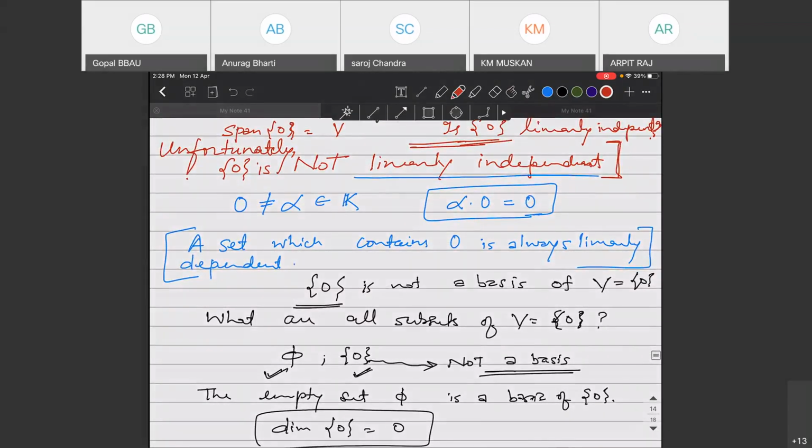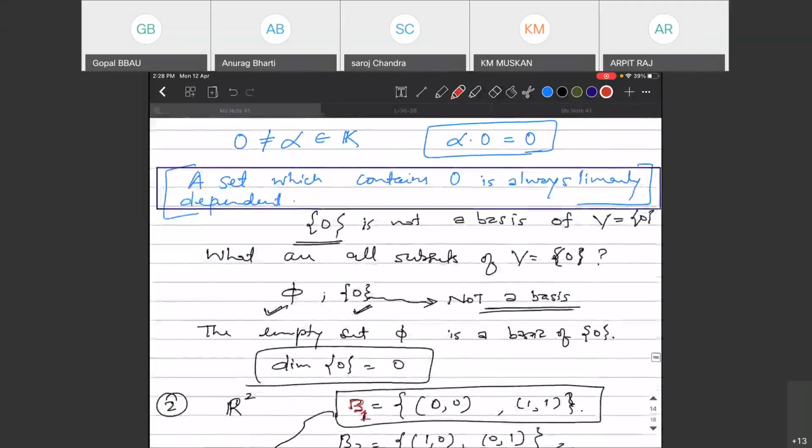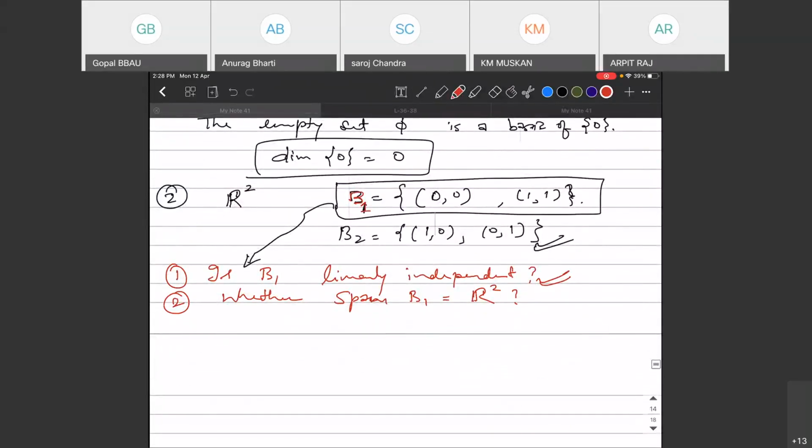See this statement: a set which contains 0 is always linearly dependent. B1 contains the vector 0, so it is linearly dependent. So the first one is not correct.